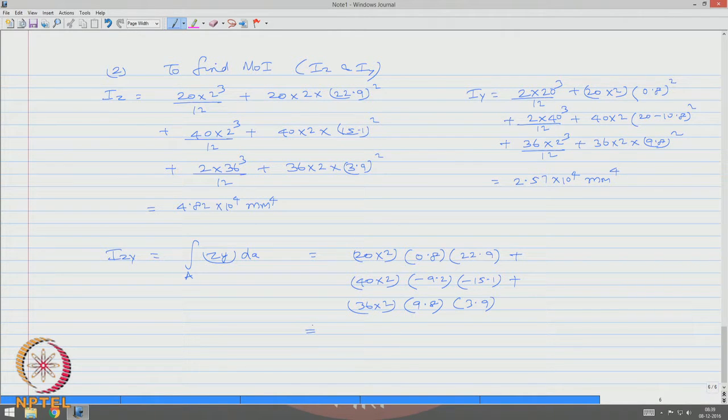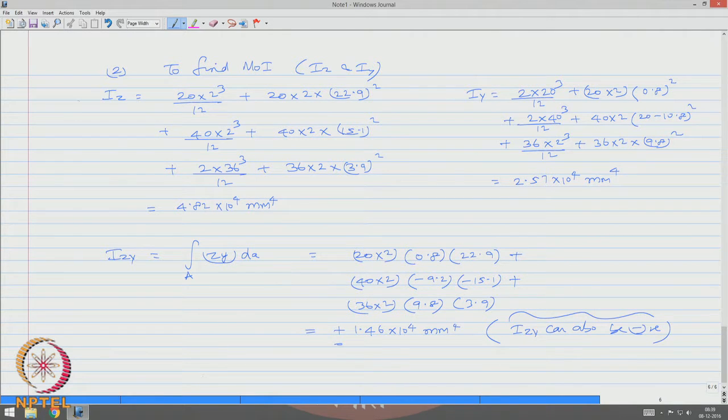So, I get this value as plus 1.46 10 power 4. Please note that I z y can also be negative. Please understand this. In this case, it is positive.